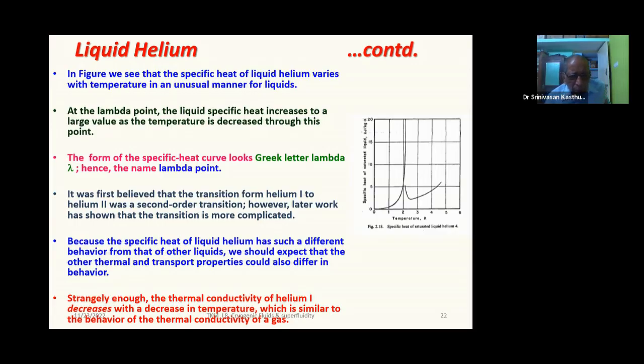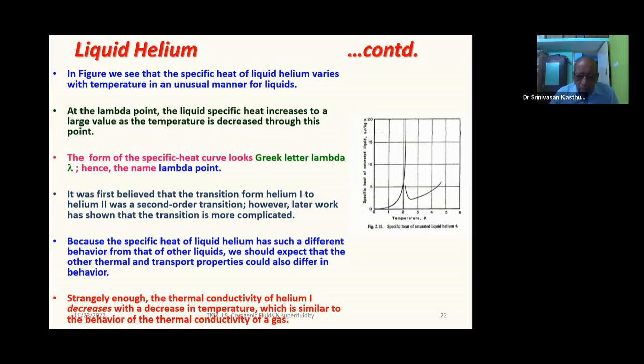It was first believed that the transition from helium-1 to helium-2 was a second order transition. However, later work showed that the transition is much more complicated. Because the specific heat of helium has such a large value and a different behavior compared to other liquids, the thermal and transport properties of helium also behave differently.